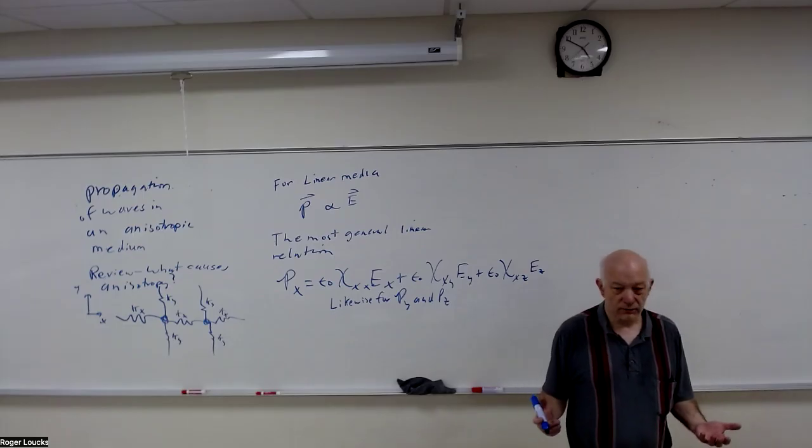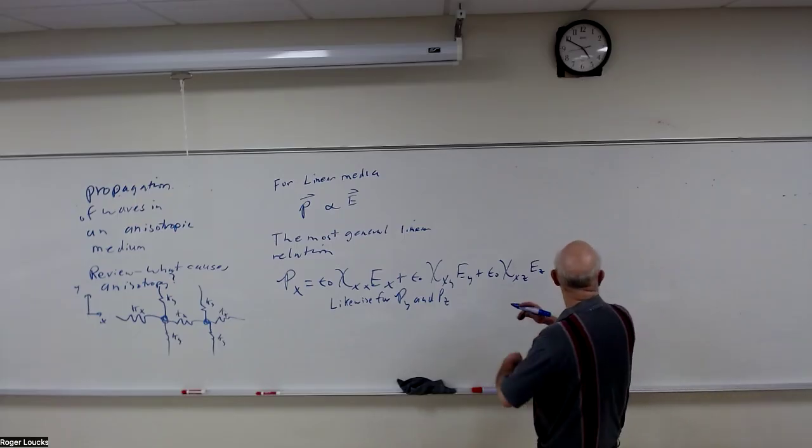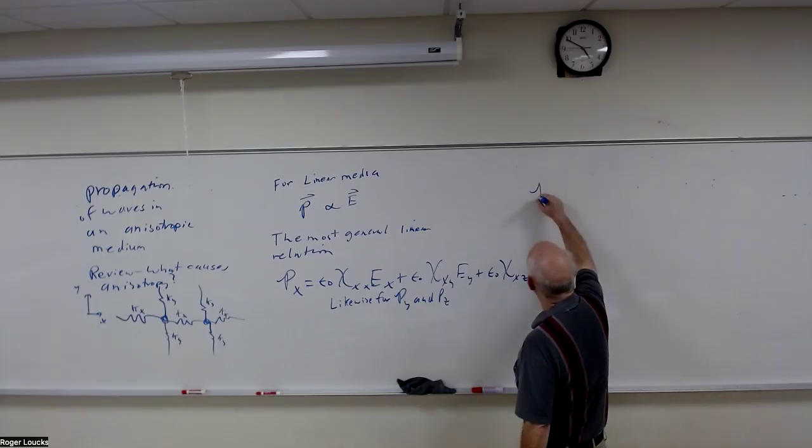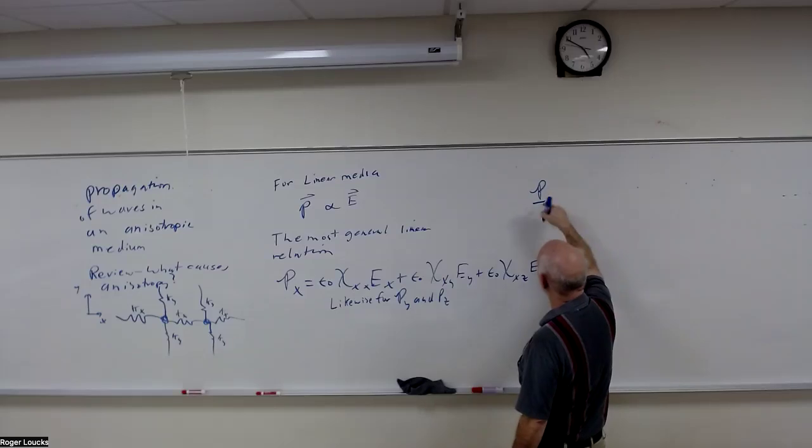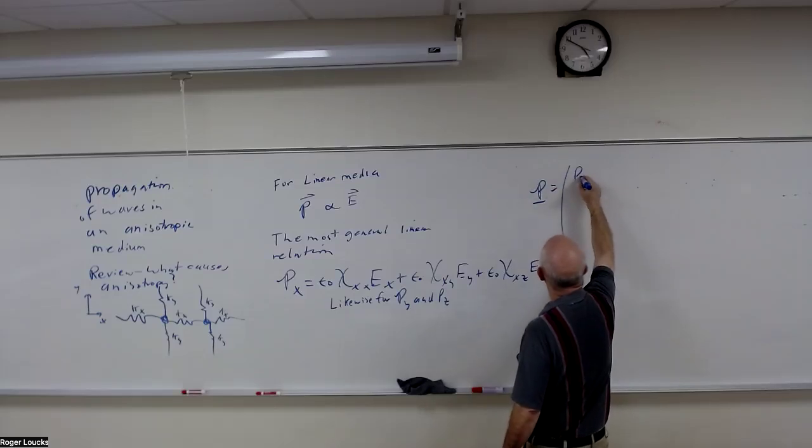And what can we do with all this? We could write it in terms of a 3 by 3 matrix. We said we could write this P with a bar under it, meaning a column vector, Px, Py, Pz.